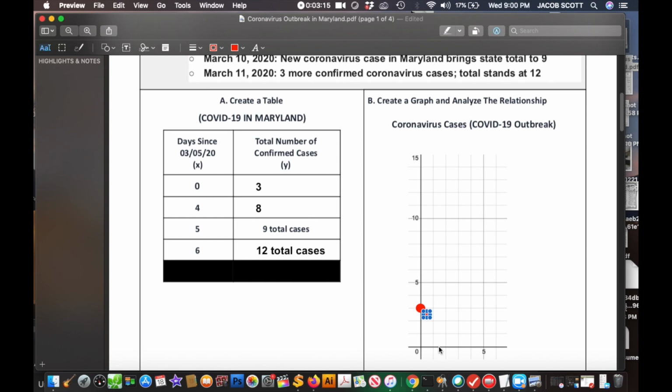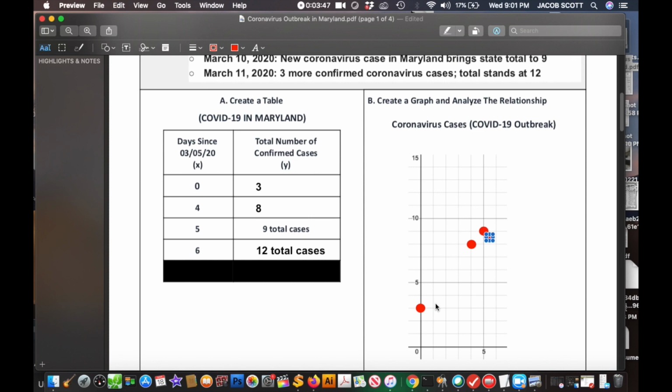Grab this guy. 1, 2, 3, 4, 5, 6, 7, 8. And then 5, 9. So 5, it should go all the way up to 9. 9 total cases.